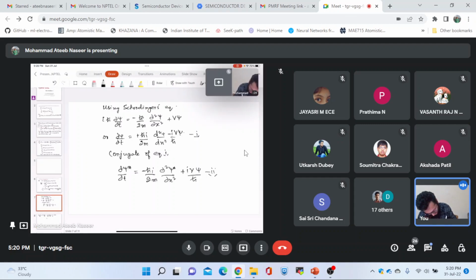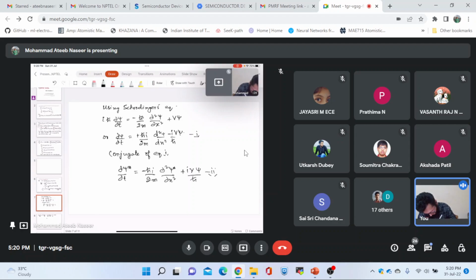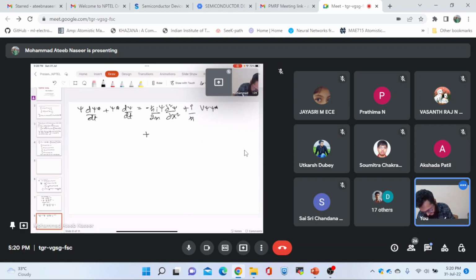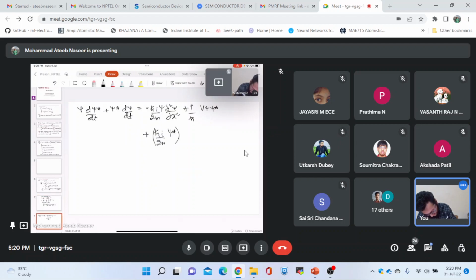This is iota Vψ into ψ* by h bar, and this first term, since I am multiplying by ψ*, should be h bar iota divided by 2m ψ* d²ψ/dx² minus iota h bar Vψ into ψ*.